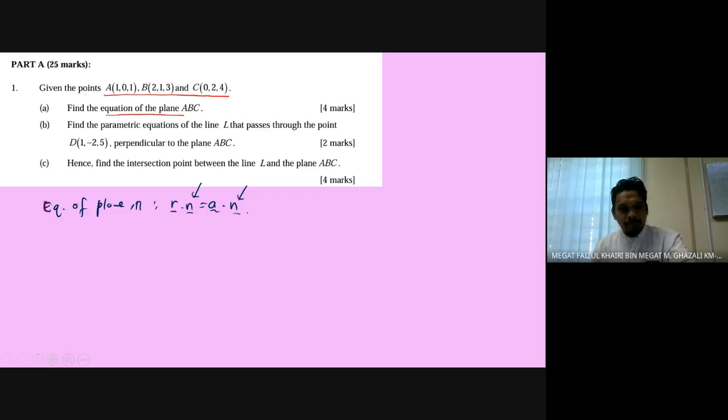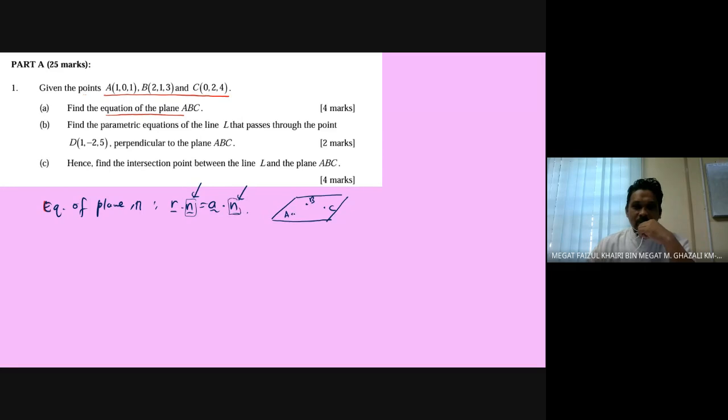The key is the normal of the plane. Let's say this is the surface of the plane, the surface of the plane. So we have the points A, B, and C. For the equation of the plane, this is the key, the n.